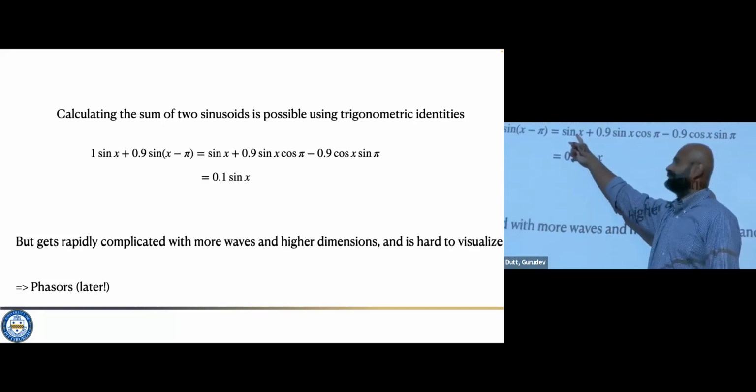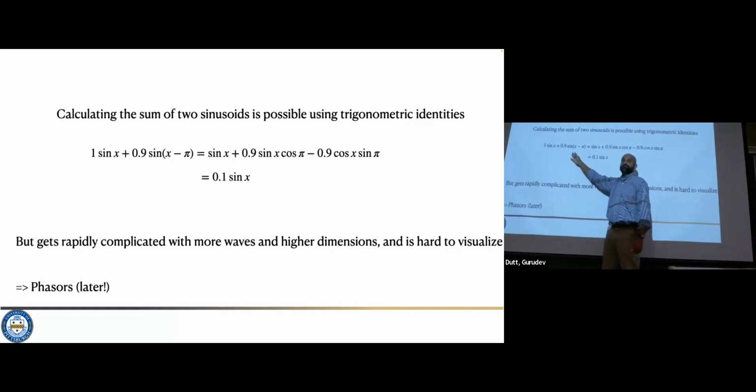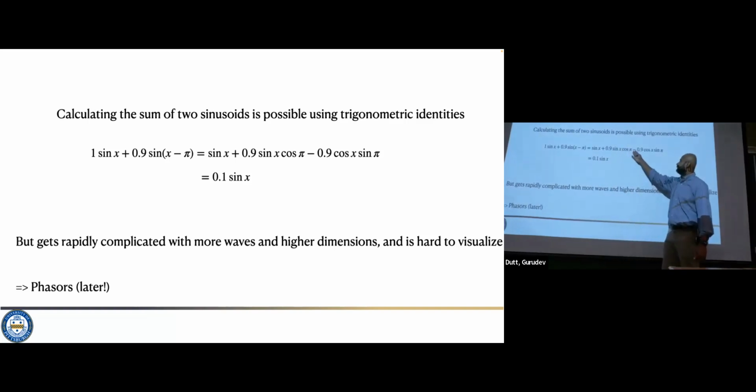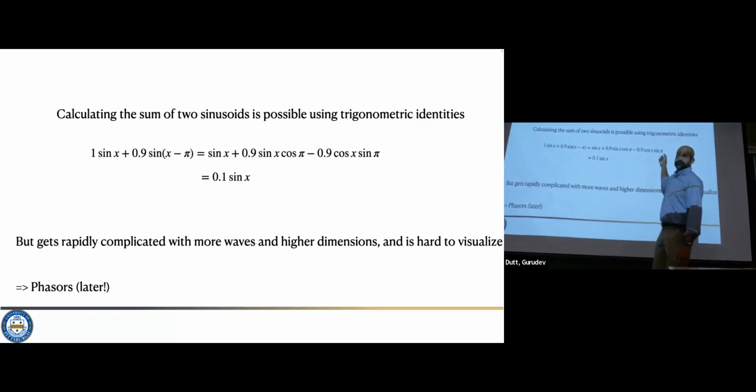And so that one is sine x plus, now I use the trigonometric expansion, sine a plus b is sine a cos b, or I'm sorry, it's a minus b, but same thing, sine a cos b minus cos a sine b.